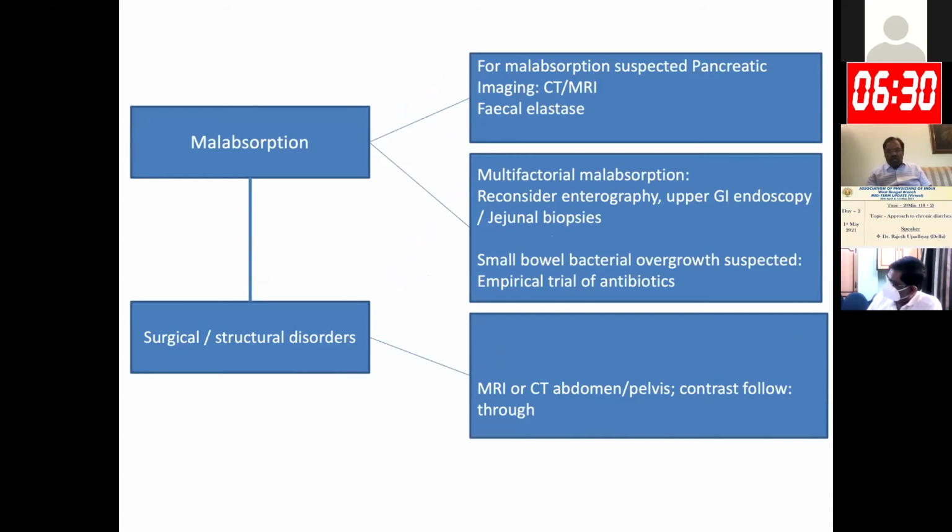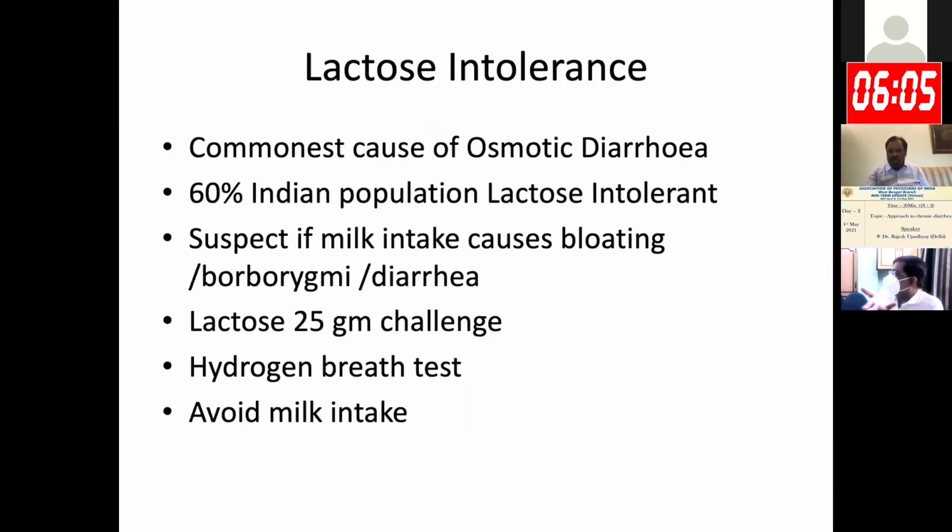Malabsorption, well, particularly suspect the pancreatic disease, and therefore imaging becomes important here. And for multifactorial malabsorption, you have to consider upper GI endoscopies, biopsy, enterography, and so on and so forth. And for surgical or structural disorders, again, the imaging becomes important, and the imaging is usually MRI or CT.